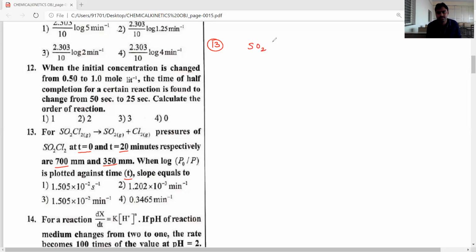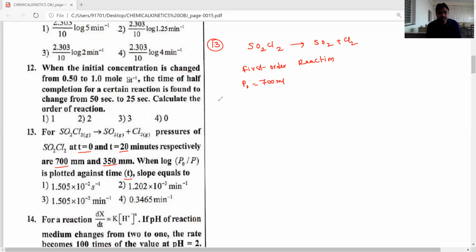SO2Cl2, sulfuryl chloride, on decomposing is converted into SO2 plus Cl2. It is a first order reaction. For this case, the rate constant k is equal to, initially at time t equals 0, the initial pressure P0 is equal to 700 mm.